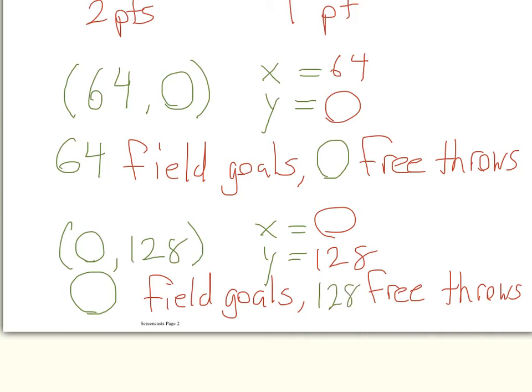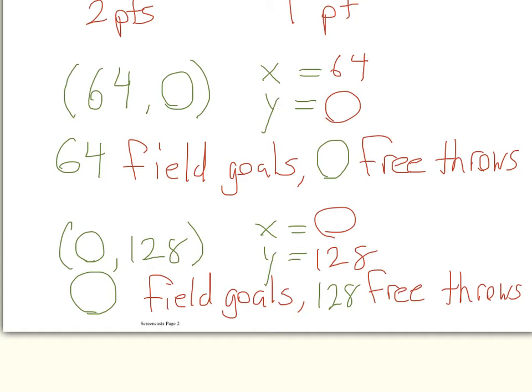Is it possible? Technically, it would be possible. Is it probable? Well, I've never seen it, and has it ever happened? You know what? It may have, but I can't really see that happening really that often. 128 free throws and absolutely 0 field goals?